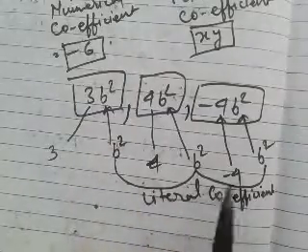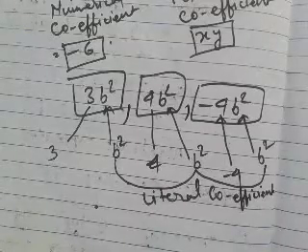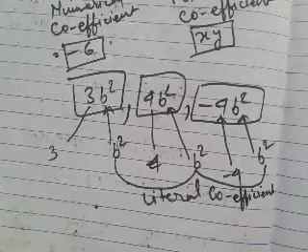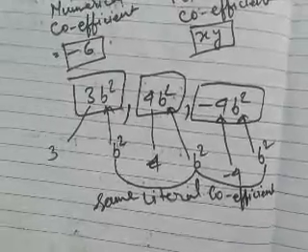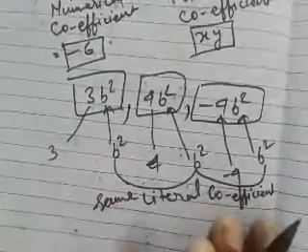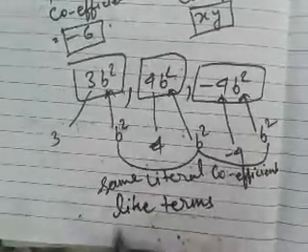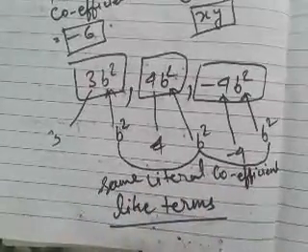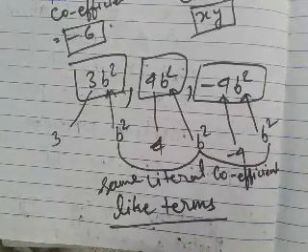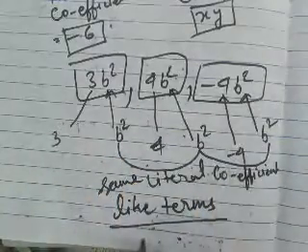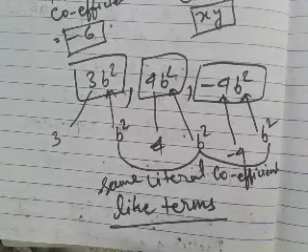So when two or more algebraic terms are given, if they have the same literal coefficient, these terms are called like terms. If all the terms consist of the same literal coefficients, then we can say these terms are like terms. Otherwise, they are unlike terms.